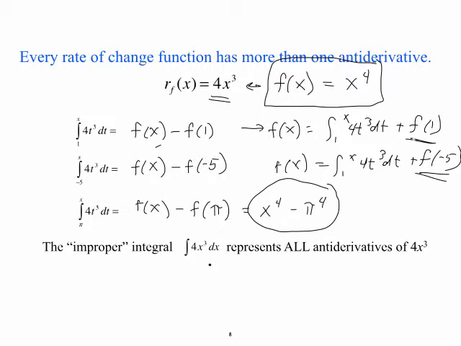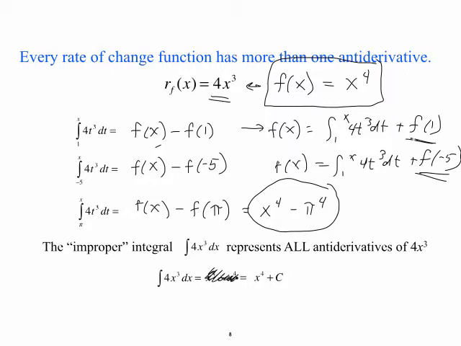So if I want to collectively represent all of the possibilities, that happens when I don't put bounds on my integral. Notice that there's no lower limit and no upper limit on this integral notation, okay? So this is what's called an improper integral, and it's used to represent all possible antiderivatives. So what do I mean by that? I actually don't like this. I meant to delete this.